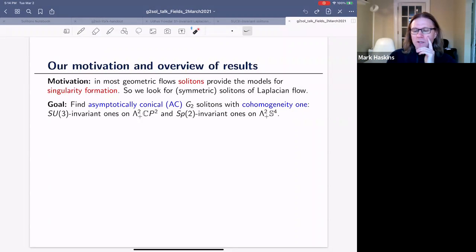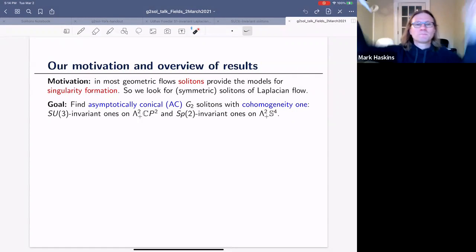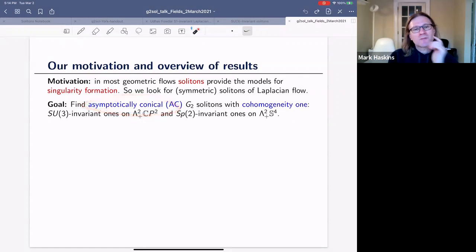But I want to instead look at things where there's a group of symmetries acting with codimension 1, and I'm particularly interested in things that are shrinkers. If they're shrinkers, we already know they must be non-compact. And I would like to look at shrinkers that are asymptotically conical.